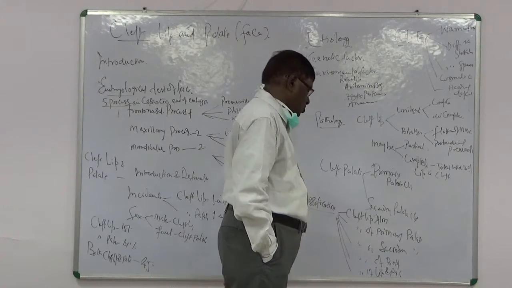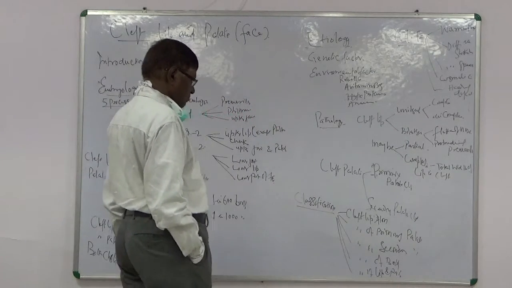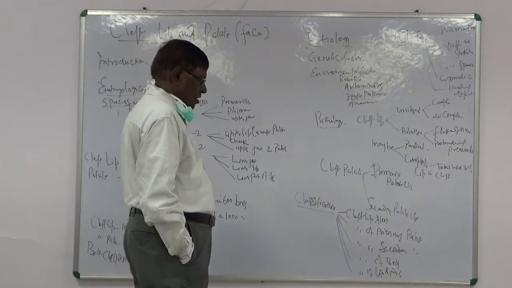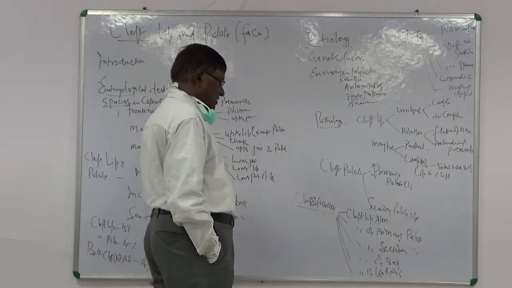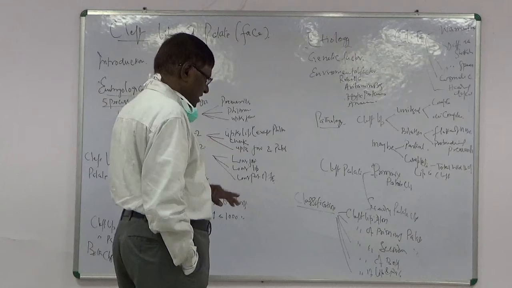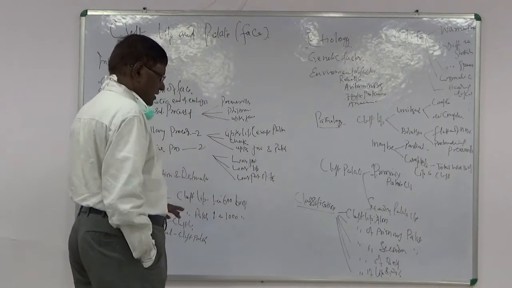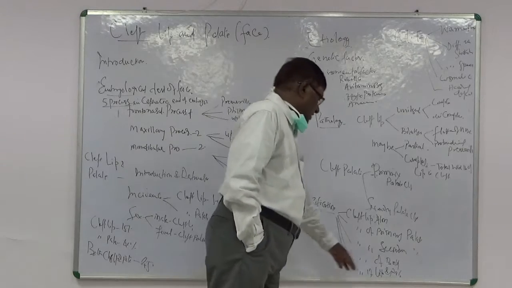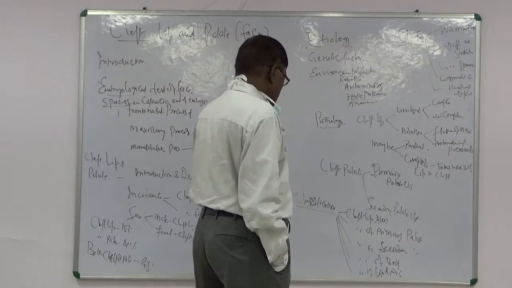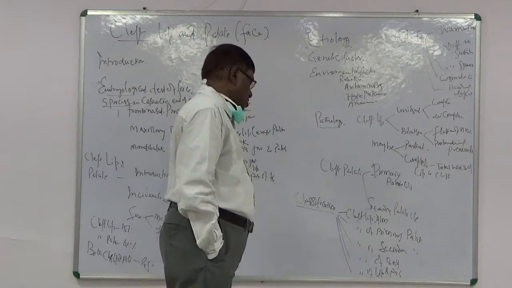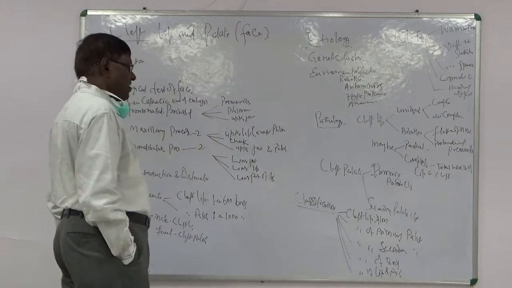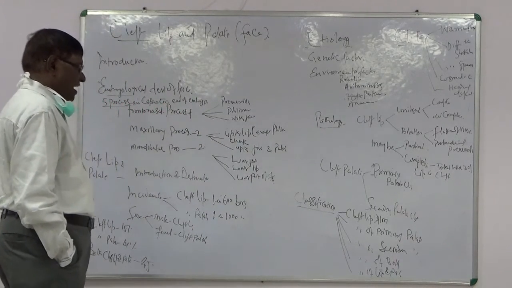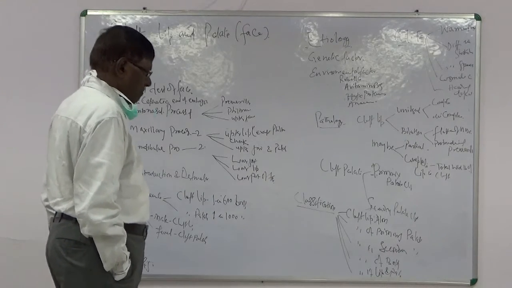Similarly, you can also say cleft of the primary palate, which may be complete or incomplete; and the secondary palate, which may be complete or incomplete; and cleft of the primary and secondary palate both, and it may be either cleft lip or cleft palate. So these are the five types of cleft lip and palate. I can classify in this way depending on the extent of the cleft to the lip and the palate.